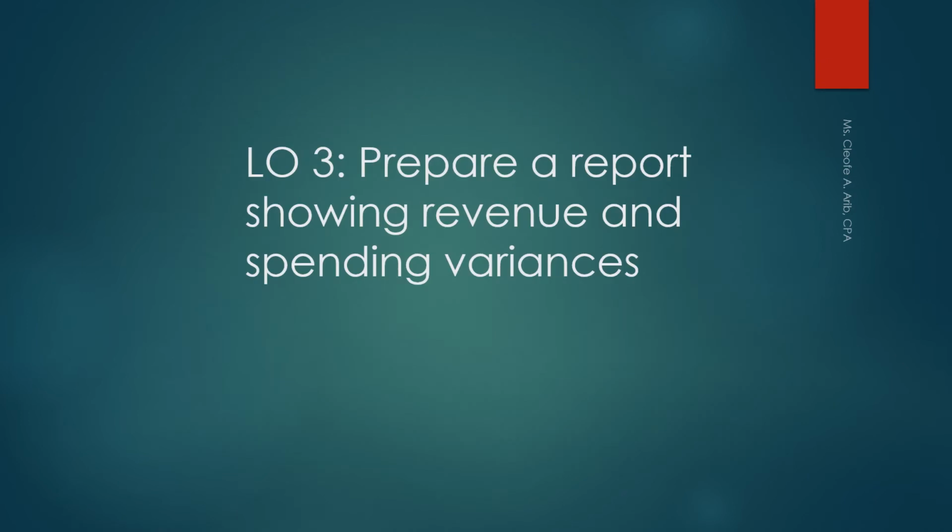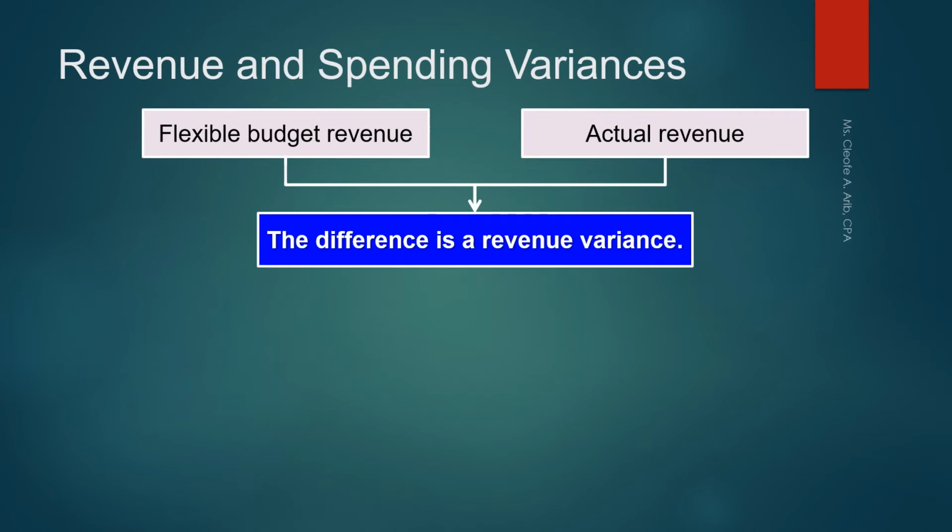For our third learning objective, let us prepare a report showing revenue and spending variances. So let's compute your revenue and spending variances. How do we compute first your revenue variance? That's easy. All you have to do is get the difference between your flexible budget revenue and your actual revenue.